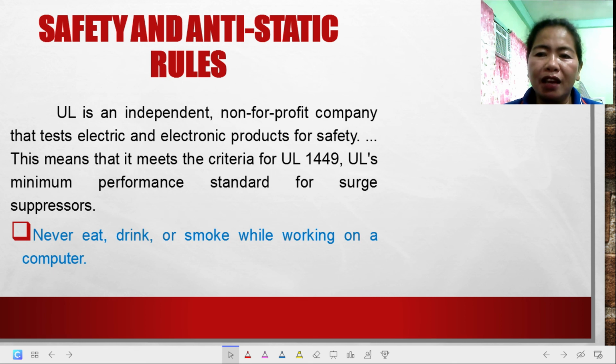Because sometimes if you are working with the computer, you cannot assure that there is no accident that may happen during the situation. Maybe your drink may spill into the keyboard or into any components of the computer system, and that may cause some hazards, right?